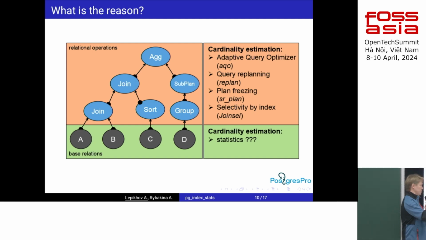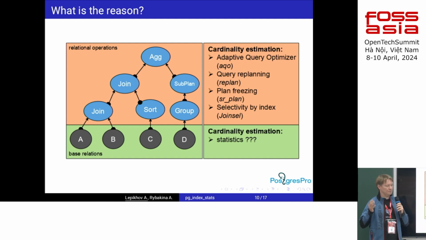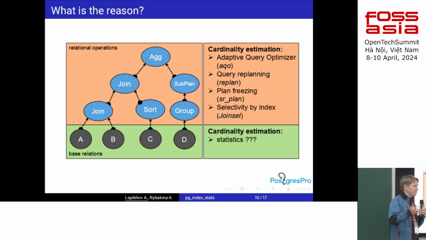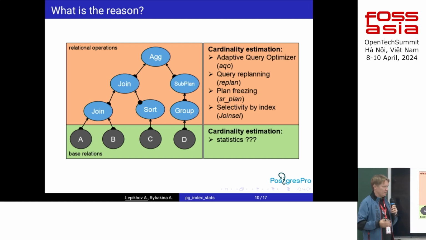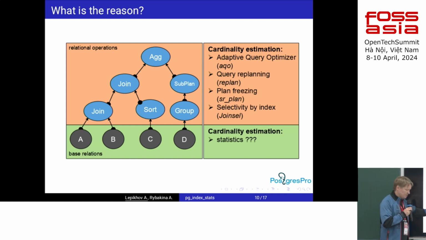We have an adaptive query optimizer, a replanning feature, a plan freezing feature, selectivity by index, a lot of stuff to help the optimizer plan the query correctly. But for the low level, for a simple scan, we can't use these complex extensions, complex helpers, just because it adds a lot of overhead, too much for simple scans. And here we have only statistics, and we should work with that.